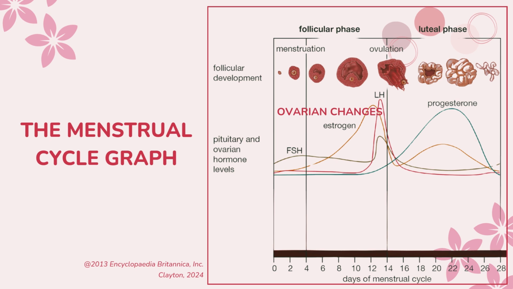All these elements, the hormones, the ovarian changes, everything come together to create the grand symphony of your menstrual cycle. It's like the most well coordinated, hormonally charged Broadway show your body puts on every month. So let's dive deeper and watch how this masterpiece unfolds.